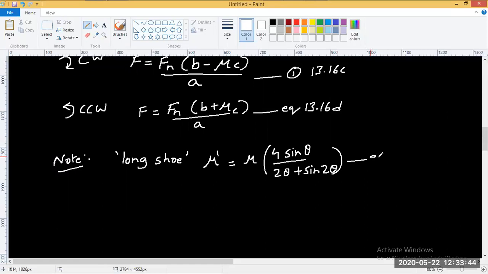This is given in equation 13.16m, where mu dash is the equivalent coefficient of friction. So instead of mu, you just use mu dash. And theta is the half angle of the contact surface.